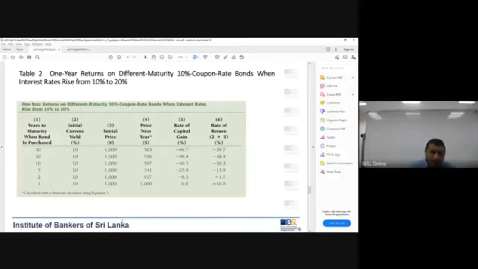This is where the learning of monetary policy would help you, where you see that when inflation is very high, the central bank increases the interest rates. Okay, so when the central bank increases the interest rates, inflation tends to reduce in the coming years.